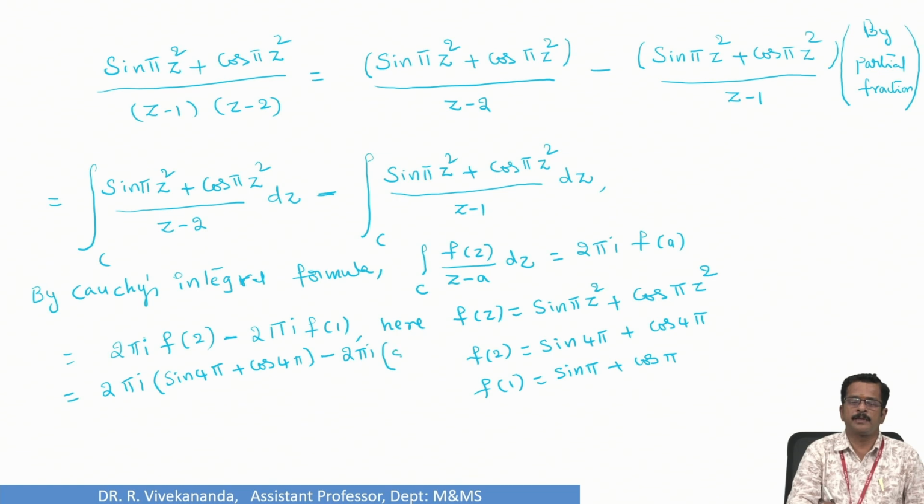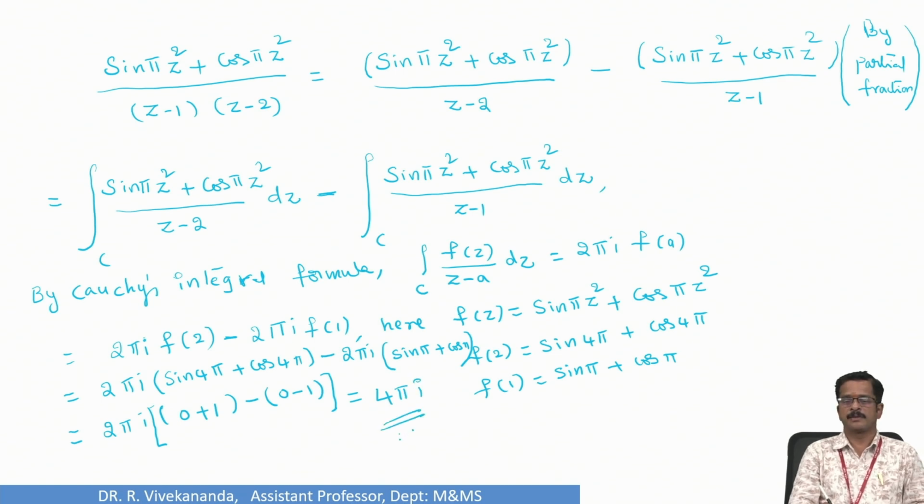So this equals 2 pi i into, sin 4 pi is 0, cos 4 pi value is 1, taking 2 pi i common, minus sin pi is 0, cos pi is minus 1. So minus into minus is plus, 1 plus 1 is 2, 2 into 2 pi i is going to be 4 pi i.